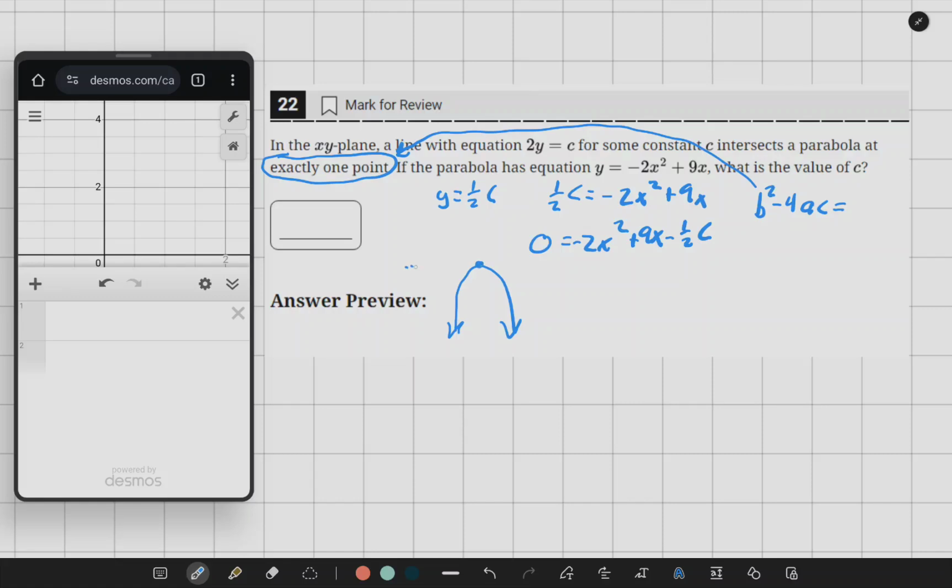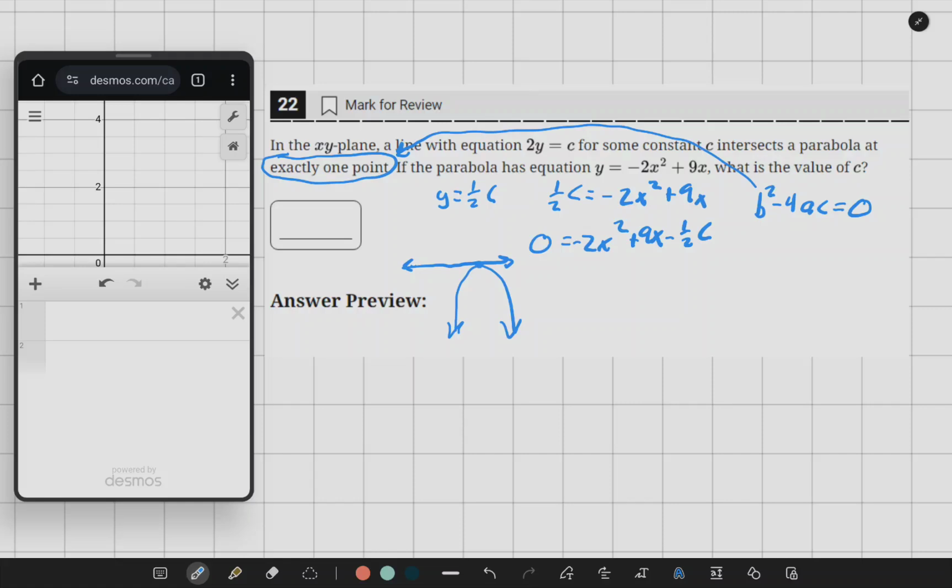And there's only one way you can get a line going this way that hits it once, and that will be by finding the discriminant, or the negative b over 2a. However, since we are solving for c, we're going to use the original form, so that's b squared minus 4ac. And we know that it will be equal to 0 at the vertex.